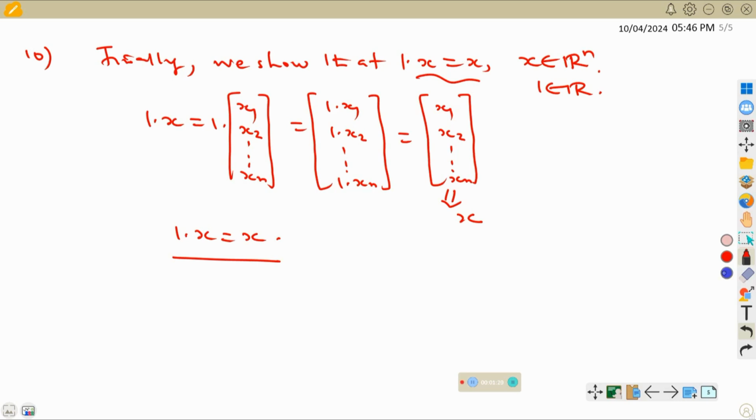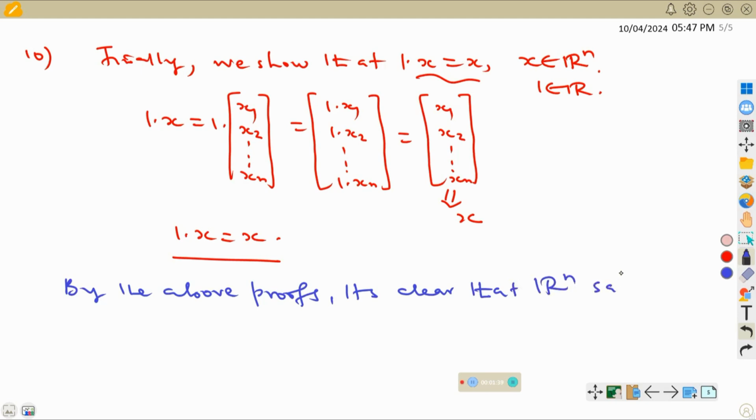So we shall give a conclusion that by the above proofs that we have seen, it is now clear that R to the power n satisfies the vector space axioms.